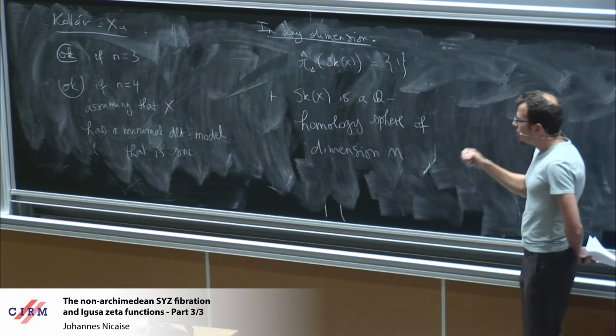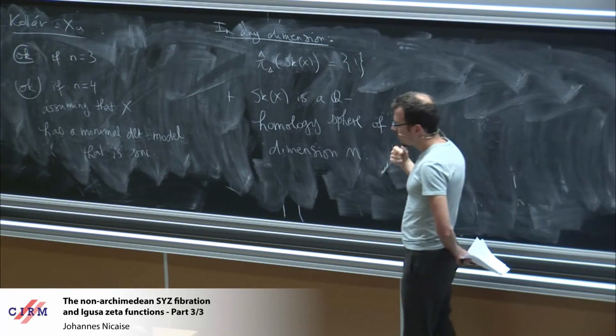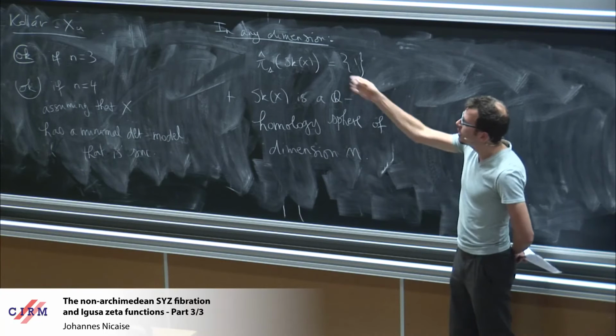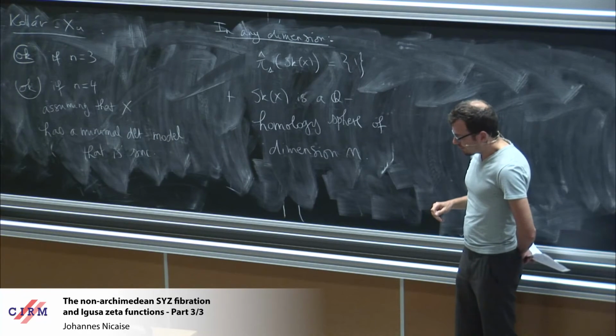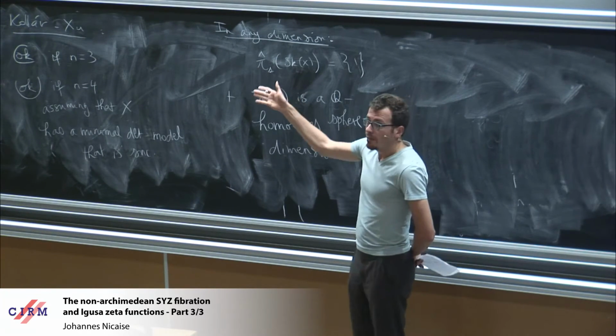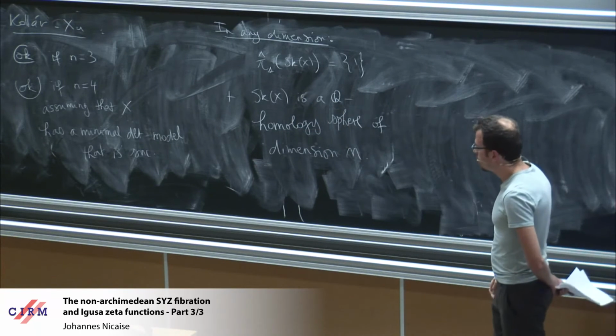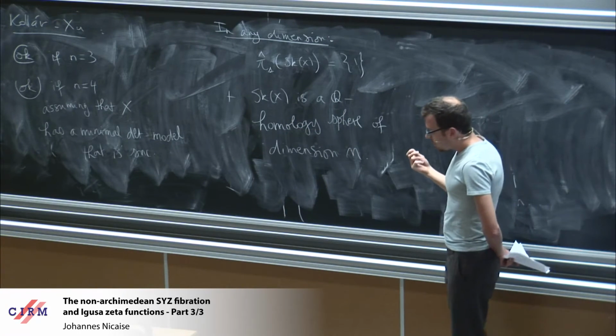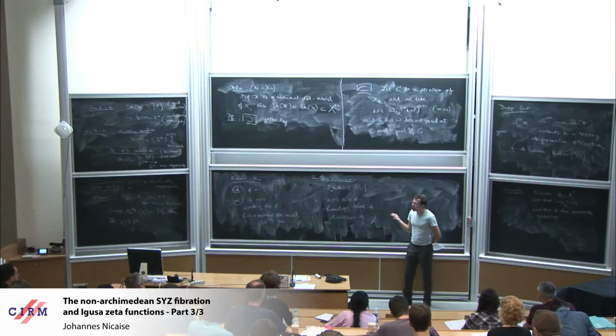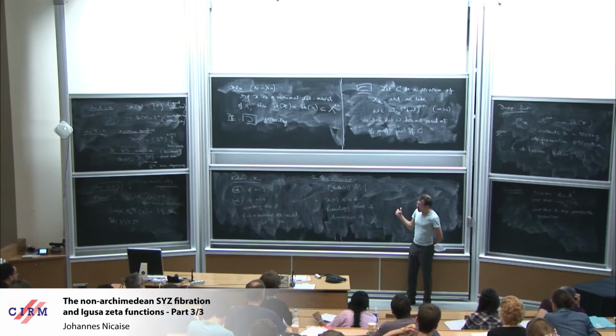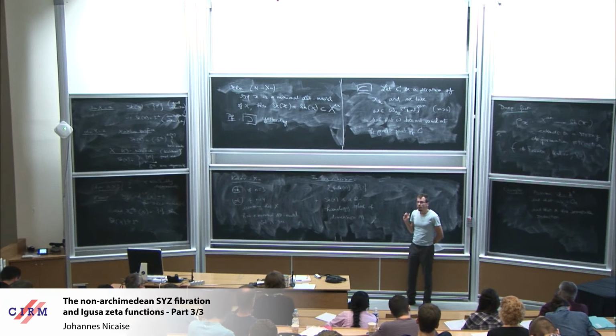And this you get essentially from Hodge theory. There's a general result saying that if you have a smooth and proper variety X over K, say K is a complex Laurent series field, and you compute the singular cohomology with Q coefficients of the Berkovich analytification, what you get is the weight zero part of the limit mixed Hodge structure associated with the degeneration.